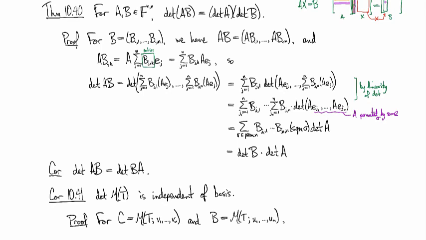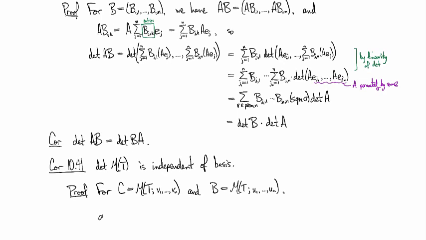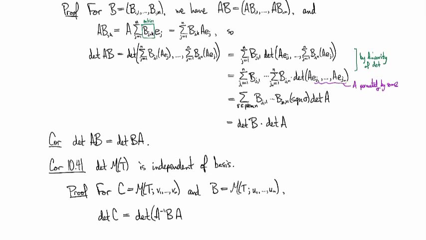Then the determinant of C is going to be the determinant of A inverse BA, where A is the change of basis matrix, the matrix for the identity going from one basis to the other.